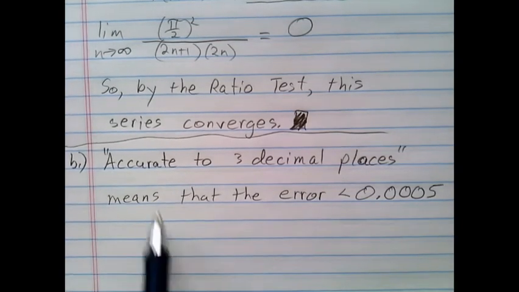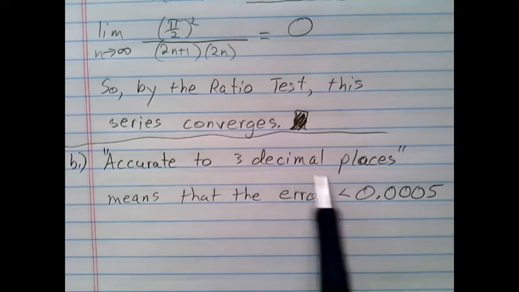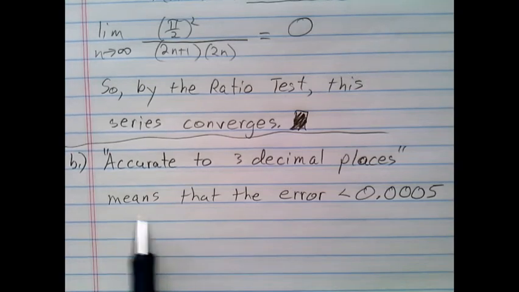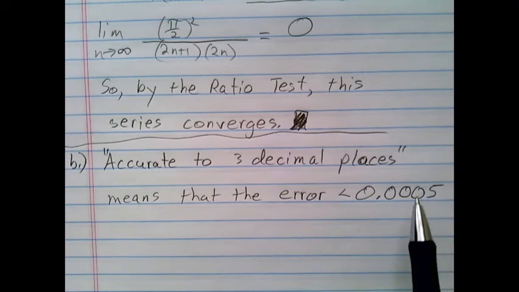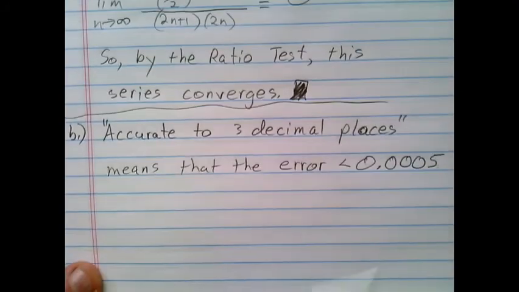Being accurate to 3 decimal places means that if we round our approximation to 3 decimal places, it'll match the true answer to 3 decimal places, and that'll happen as long as we're off by less than half of a 1 in the 3rd decimal place. So we need our error to be less than that.